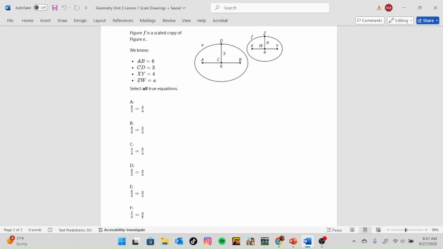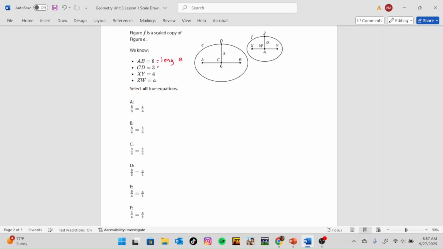So when we look here, AB equals 6. Well, I'm going to call that the long part of oval E. So let's call this long E. CD equals 3 is this shorter line on oval E that goes up.